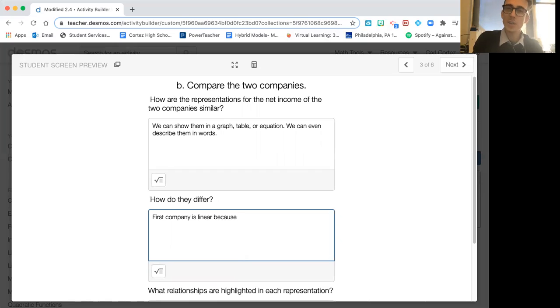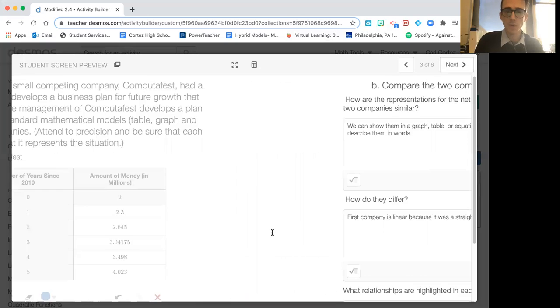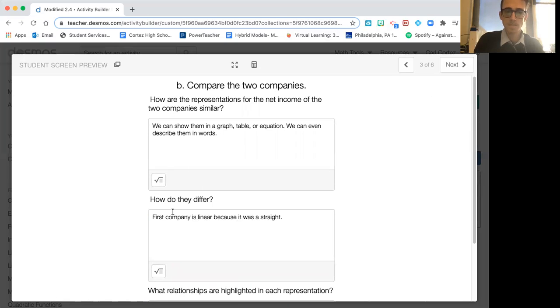Why do you think that was linear for the first one I drew on the left? Hopefully you're saying because it was a straight line. And then what do you think about Computafest? Sorry, Computafest. What do you think about Computafest?